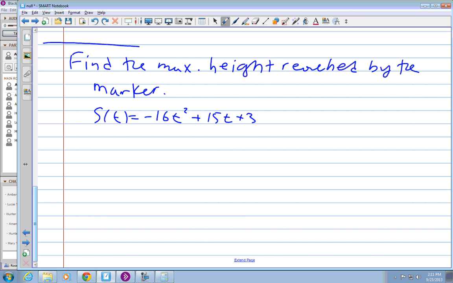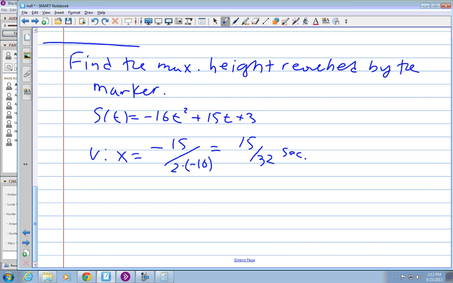So all I have to do is to find the vertex. Now it's going to be a little ugly. So the vertex, x equals negative b over 2a, so it's negative 15 over 2 times a. So negatives cancel, so it's 15 over 32 seconds, whatever that is. Okay, so it's a little bit less than half a second after I threw that marker. That's when it got to the highest point.